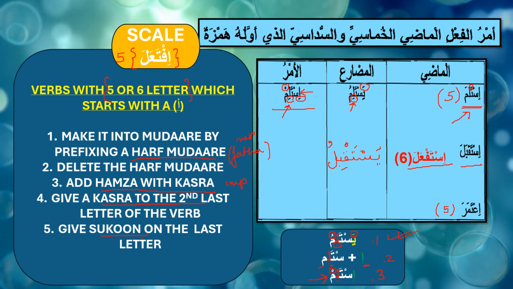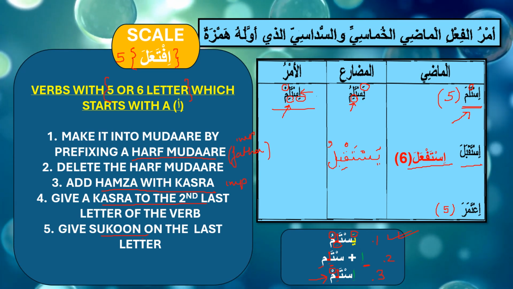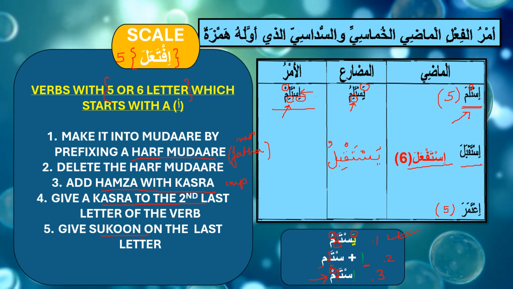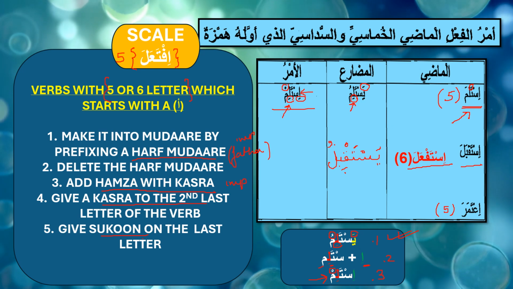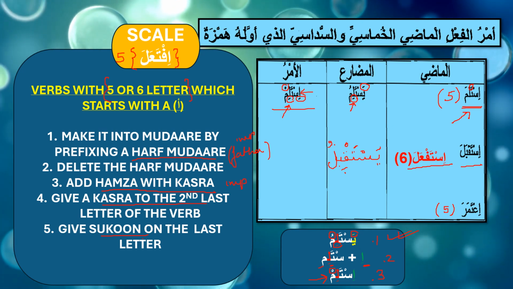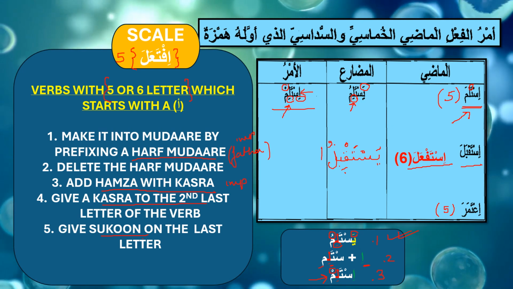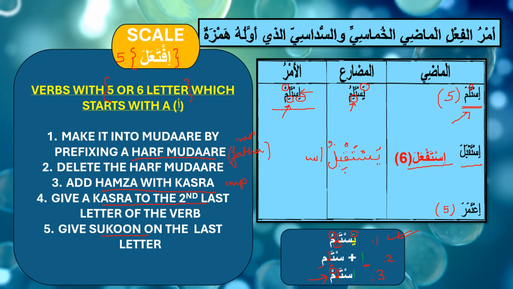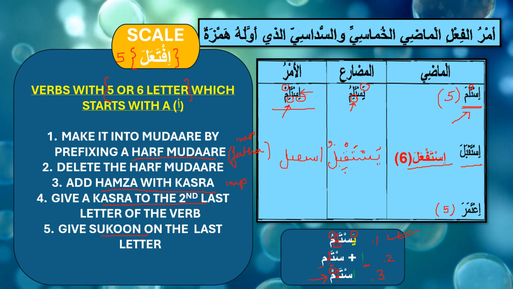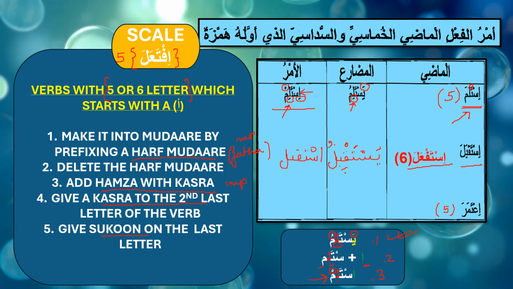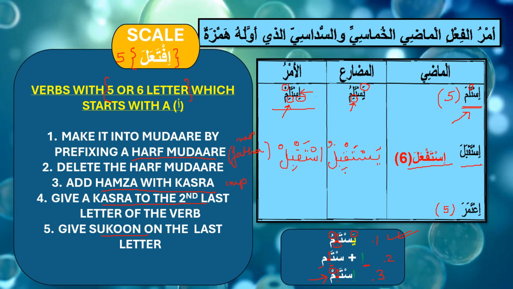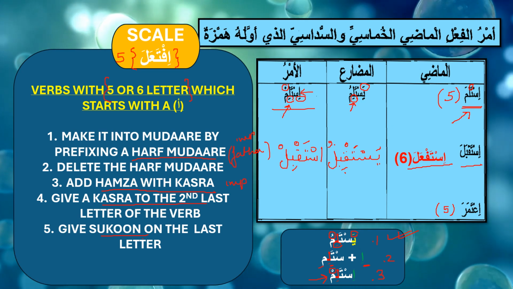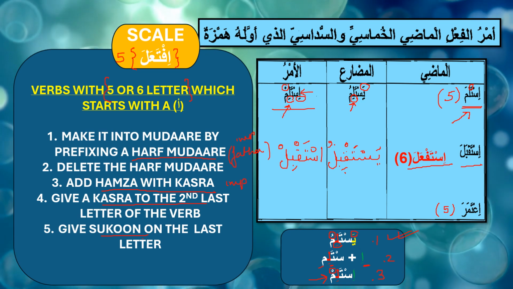You just need to delete the harf mudare and you get seen with sukun, ta with fatha, qaf with sukun, ba with kasra, and lam with dhamma. And now you need to bring in the hamzatul wasl with the kasra. Istaqbil. So everything remains the same, istaqbil. And now you need to give a sukun on the lam. So that's how you make the command for the sixth letter.